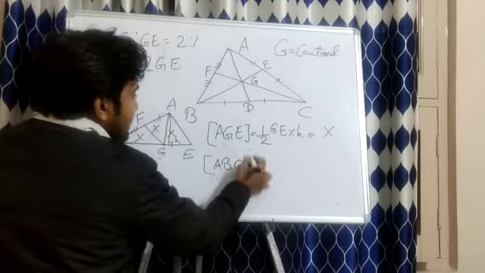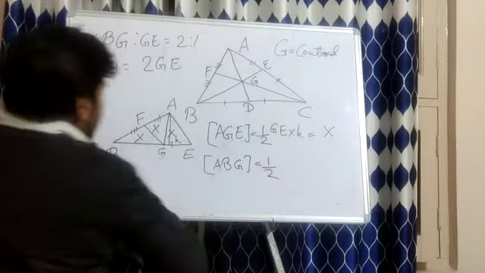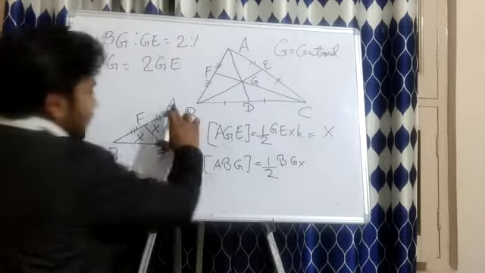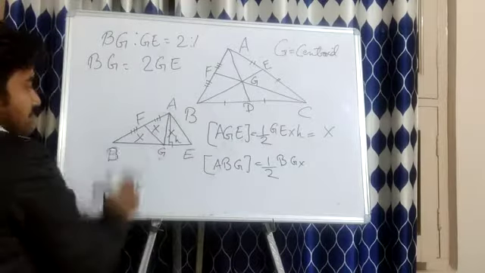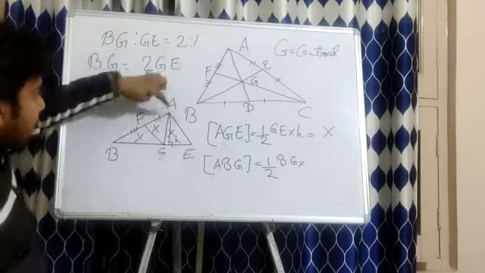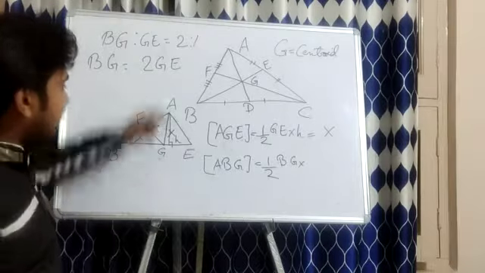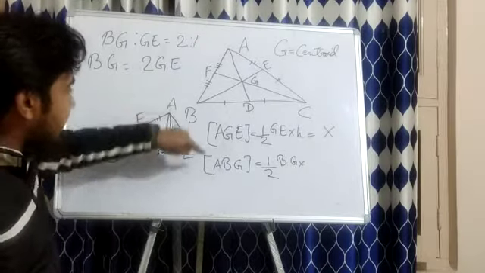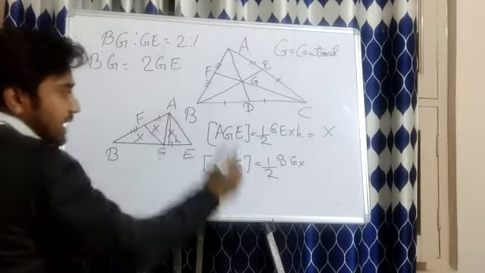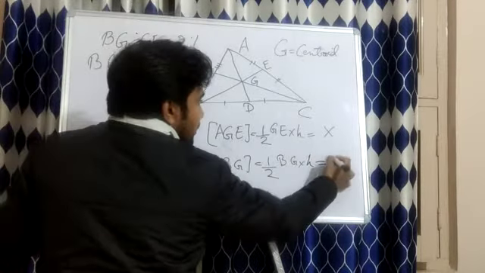Area of ABG is half base, BG, into height. The height will be the same as the height of triangle AGE, because the perpendicular distance will remain the same. So this is also H, but this is equal to 2X.